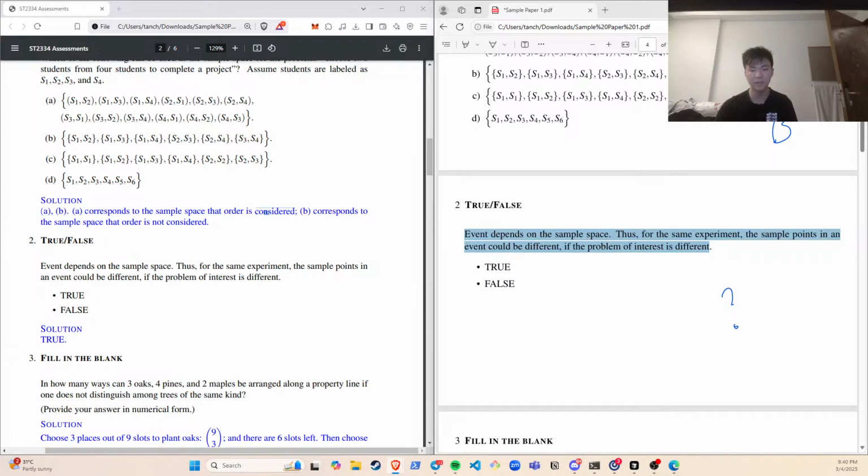Events are subsets of sample space. Sample points in an event, what are sample points? It's an individual outcome. Yeah, so an event is a subset of it, okay, I see, I see.